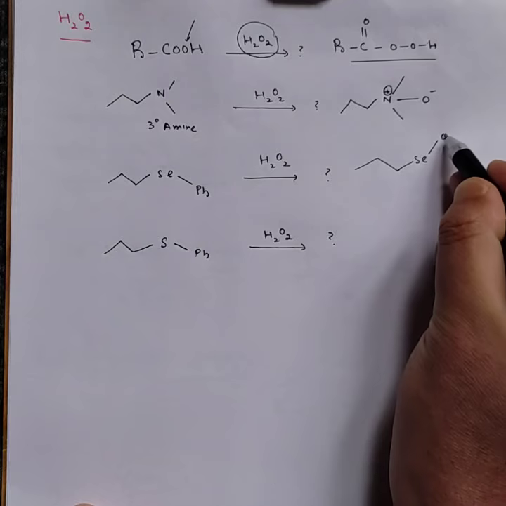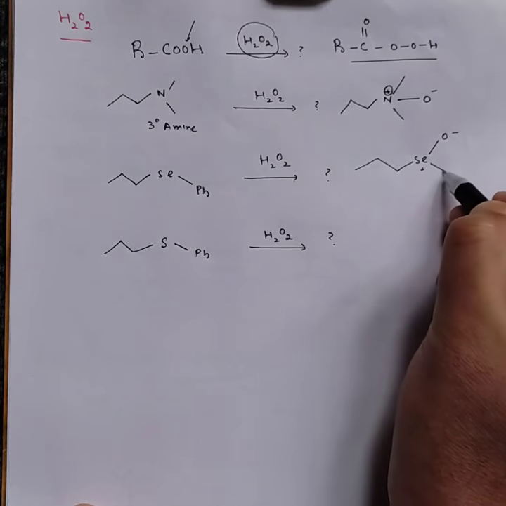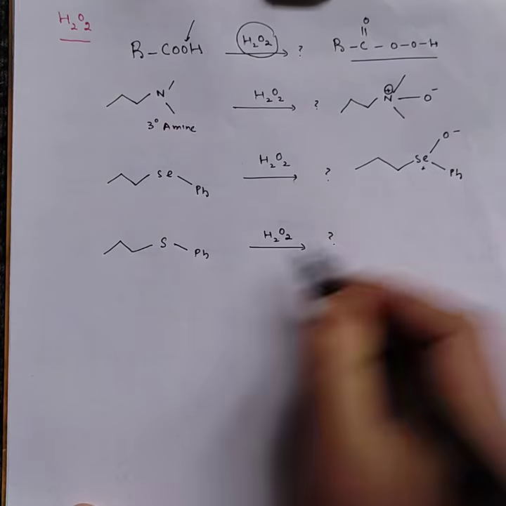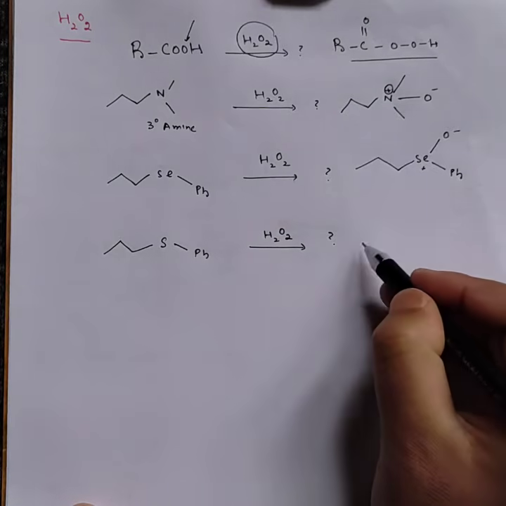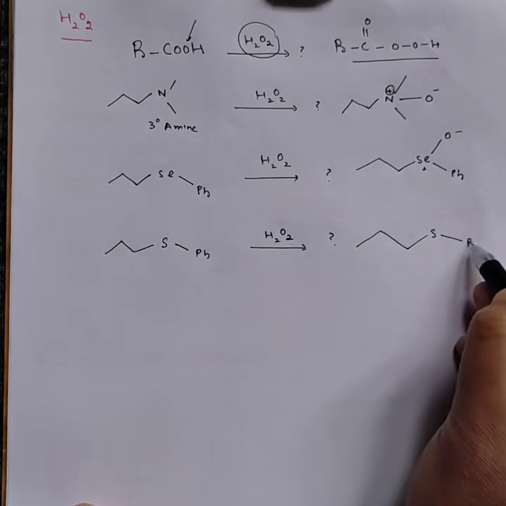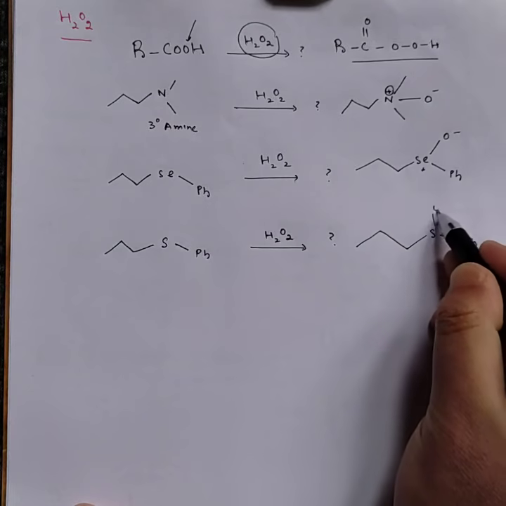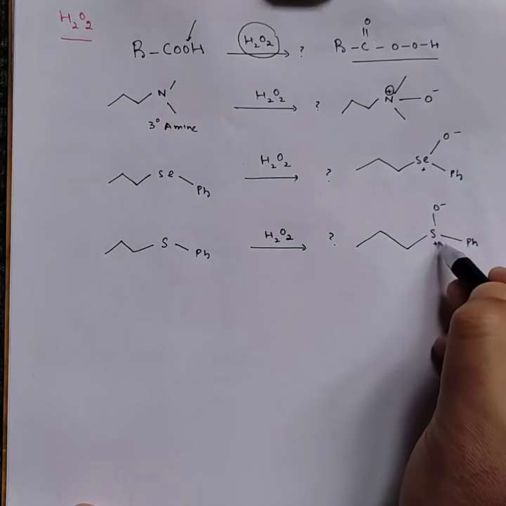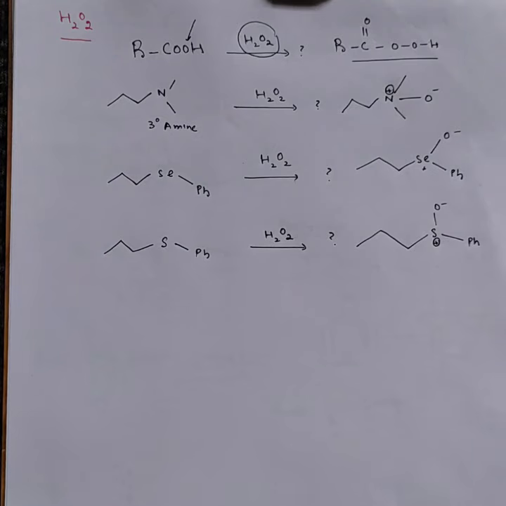That is your selenium oxide. Sulfur as sulfur oxide. And that's the product formed. तो बहुत आसान है, इसमें ज़्यादा इतना कोई complexity नहीं है, very simple.